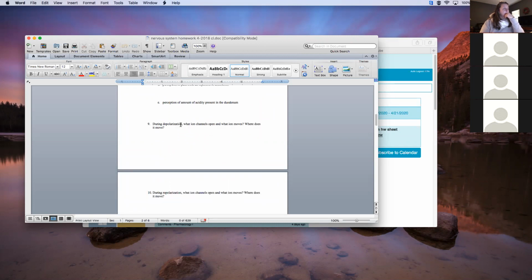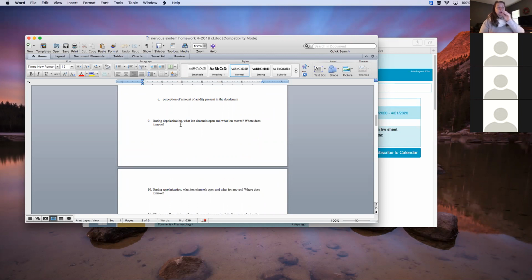Number 9 is talking about depolarization, and it says what ion. Remember when I talked about this in class, I wanted you to know during resting state, depolarization and repolarization. Resting state is where the potassium is inside, sodium is outside. Those are the ions we're talking about, sodium and potassium.